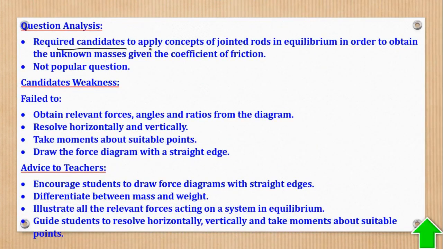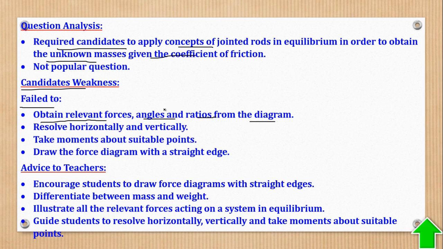So the question required candidates to apply the concept of jointed rods in equilibrium in order to obtain the unknown masses given the coefficient of friction. Weakness is that candidates failed to obtain relevant forces, angles, and ratios from the diagram.